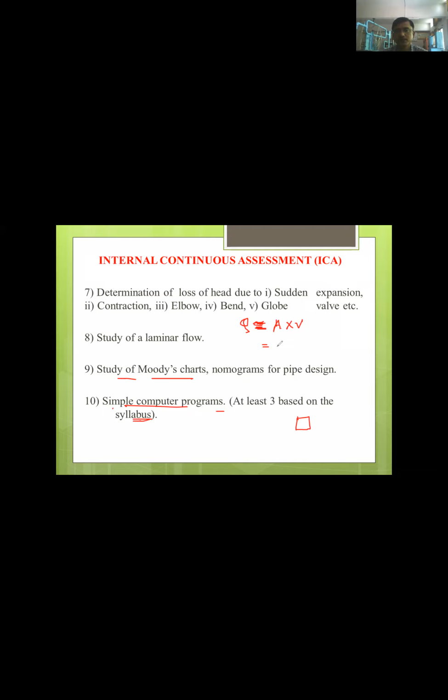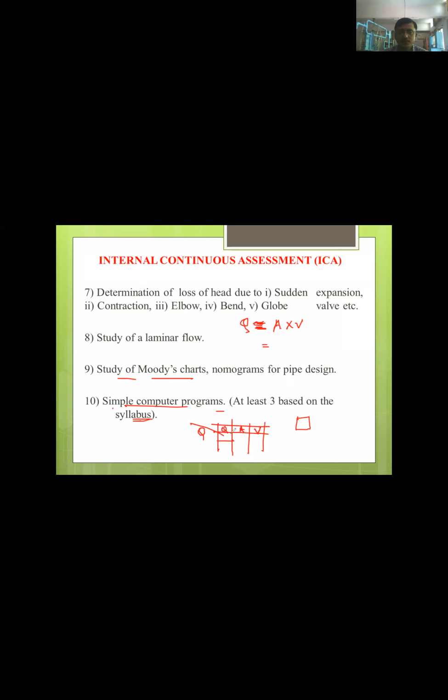This is one formula. Okay, and if we put this formula in Excel sheet, we can prepare the formula for that. There will be 3 columns. In one column we will write discharge, in another column we will write area, and another column we will write velocity. And we have the formula Q equal to A into V. Here we can give the formula to this particular cell.